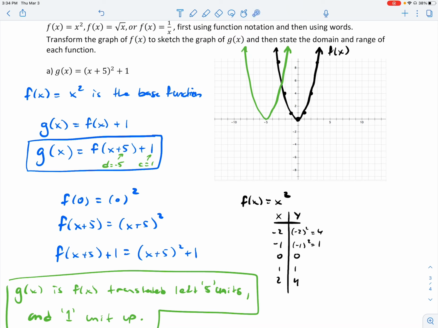The points, notice there's always exactly 5 units in between. So this one goes to there, this one goes to there, and that one goes to there. They're all a distance of 5. So now we also need to do a vertical shift up 1 unit. So we'll go ahead and do that next.